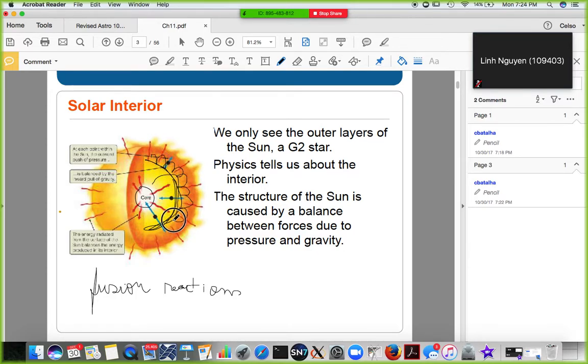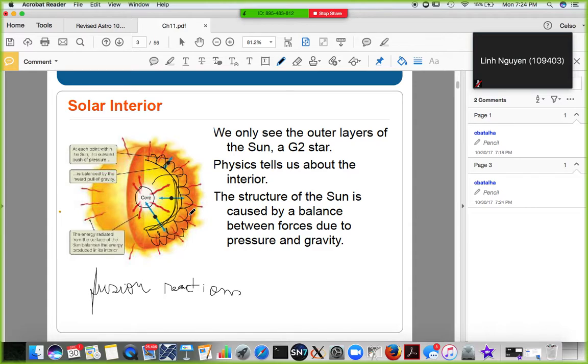The convective zone, which is right here. So the convective zone is a region where energy is transported by a different method, by bubbling up. Convection is a process by which there is a mass motion. The transport of energy is done by mass motion.